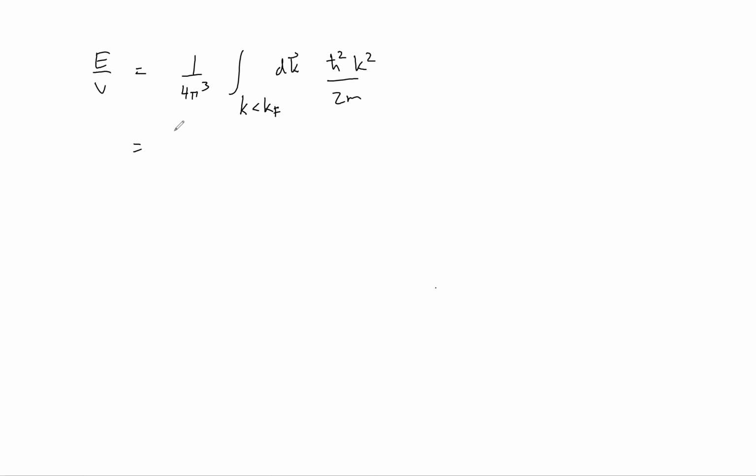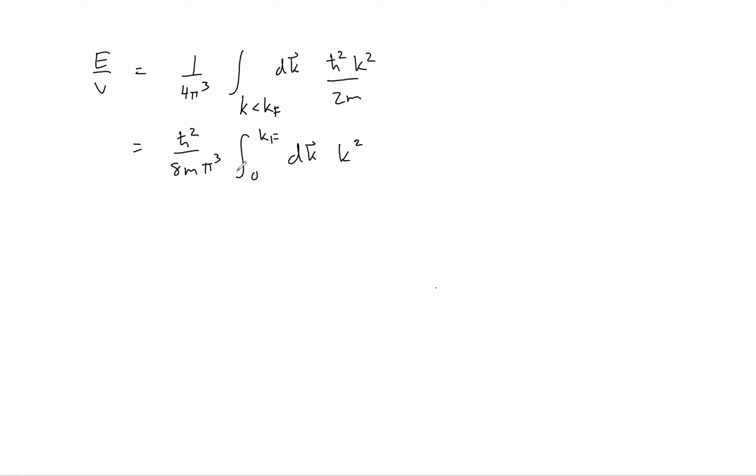So doing some algebra, this is h bar squared over 8m pi cubed, 0 to kf, dk times k squared. So if you like, I've implicitly written this next integral in spherical coordinates. I've written the integrand as going from 0 to kf to integrate that.